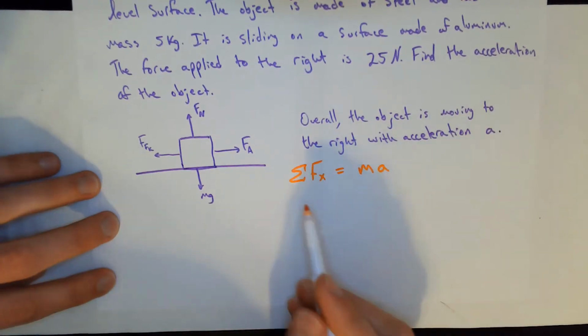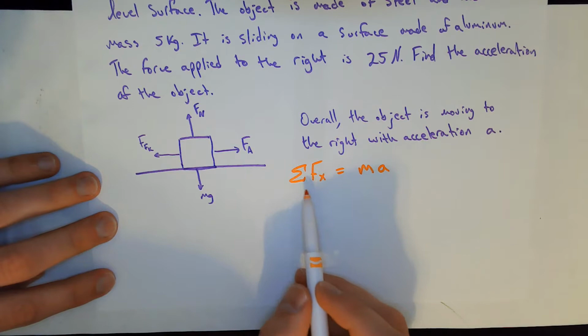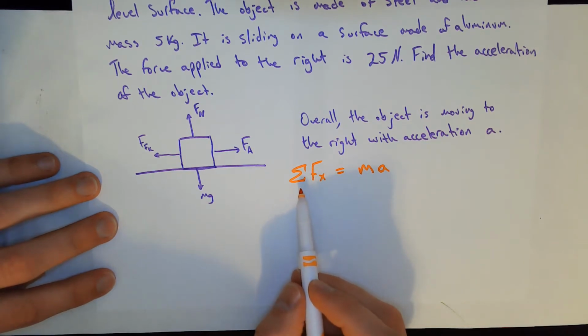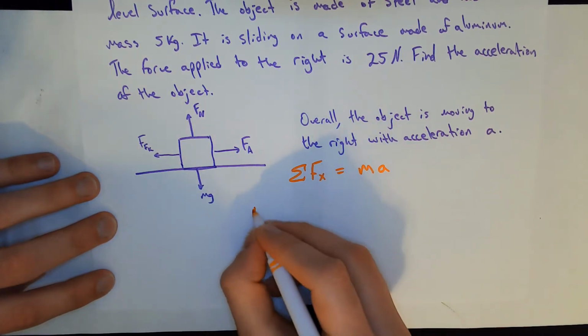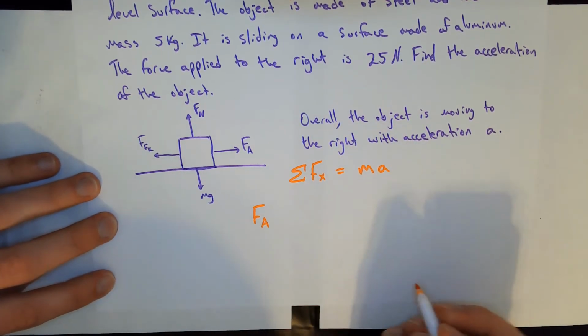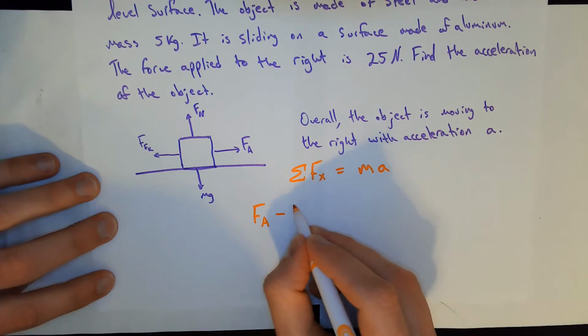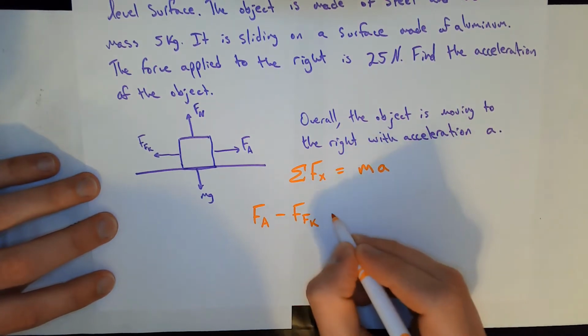Okay, so there's A. Now what about this left-hand side? What is the sum of the forces in the horizontal direction? Well, I've got my positive applied force. I've got my negative friction force. And that's it.